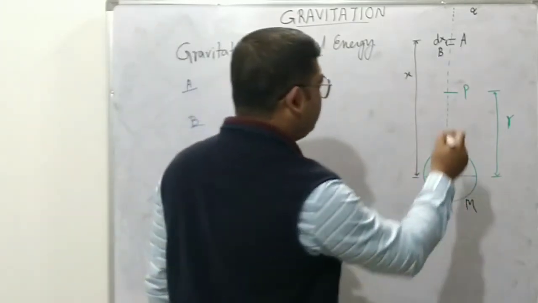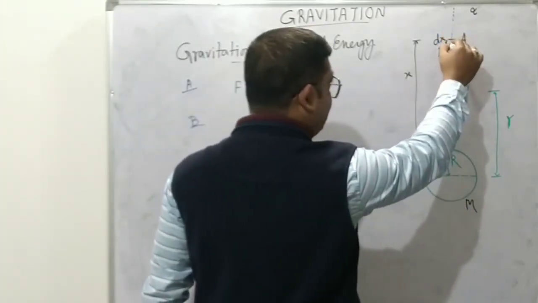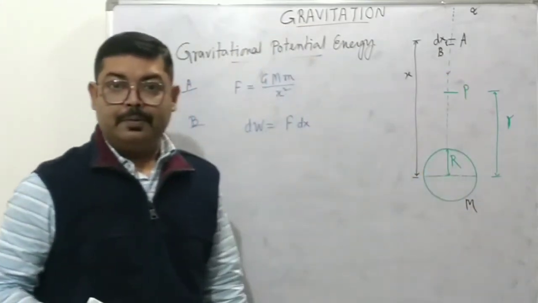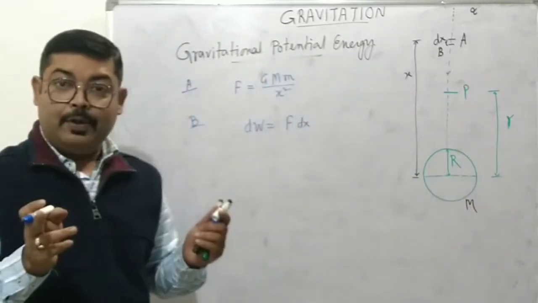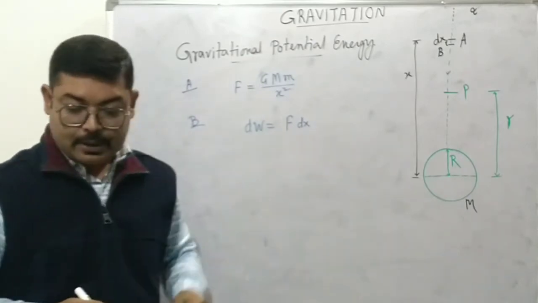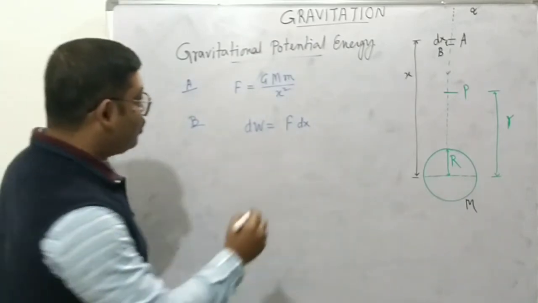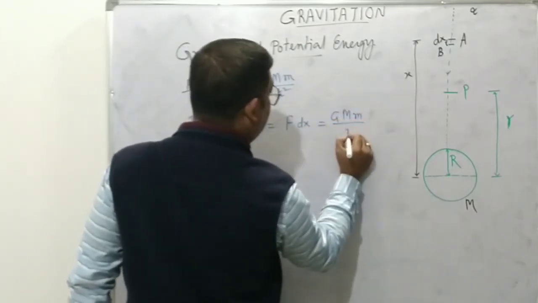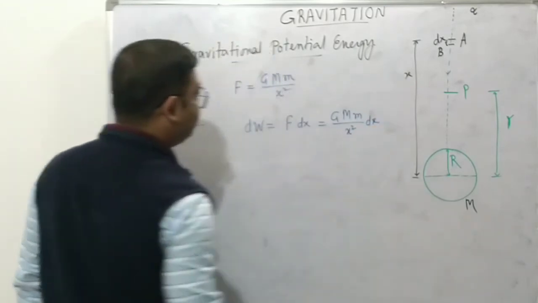The force of attraction will always be towards the center, so it will be along the line only. So the angle between displacement and force will be 0, and that's why we are able to use the expression F dx. So we can rewrite this as GMm by x squared dx.